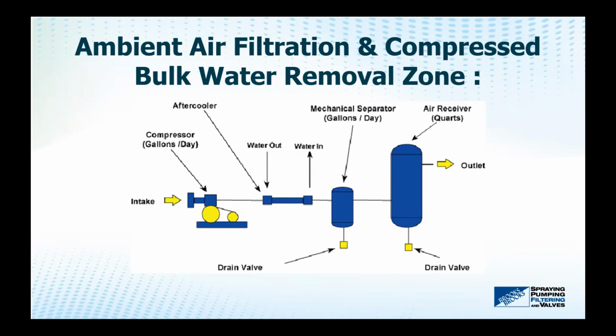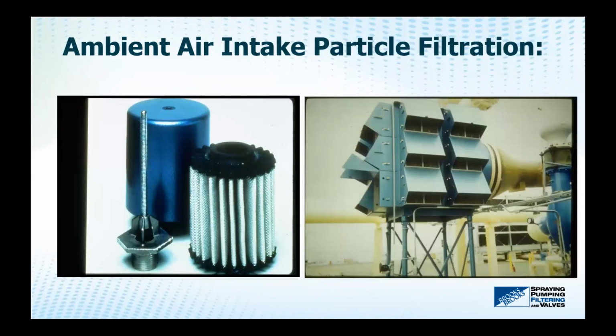As illustrated here, the first stage is the ambient air intake particulate filter. It could consist of something like a pleated media filter that removes particles down to anywhere between 2 and 10 micron. It could be something as simple as a cartridge type filter, and as elaborate as a filter used for gas separation plants.